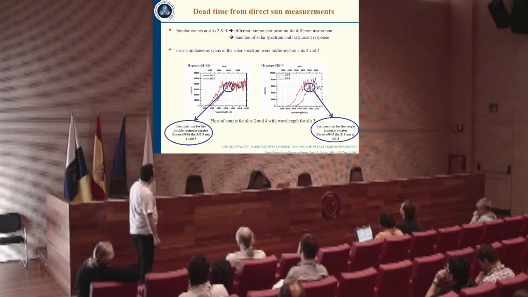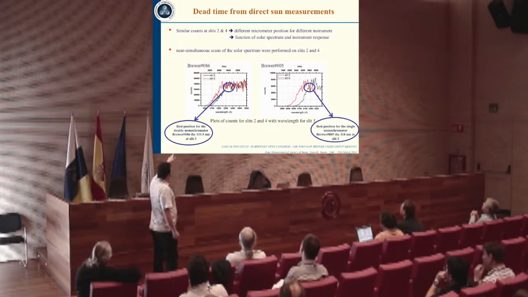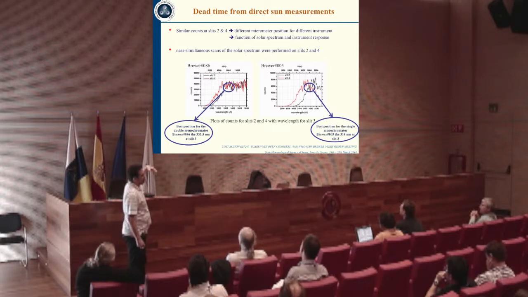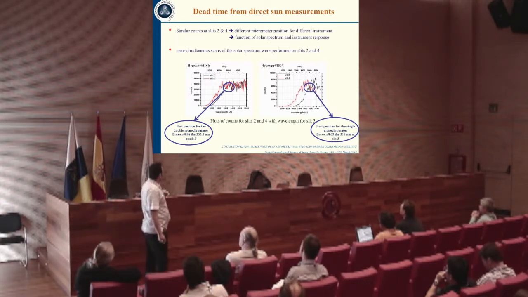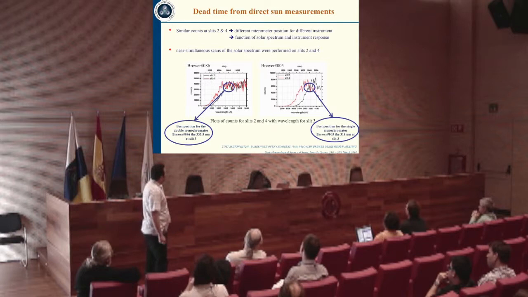You can see the results for the double and the single Brewer that we have at Thessaloniki. For the first one, the results are presented with respect to wavelength at slit 3. For the first one, we found that the best position is 333.5 nanometers, while for the second one, we found that the best position is 318 nanometers.